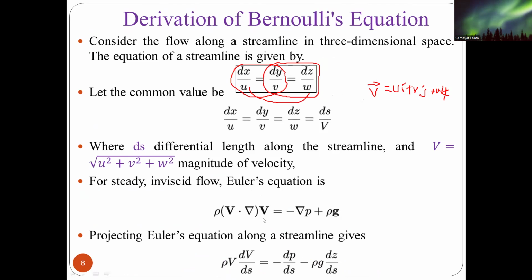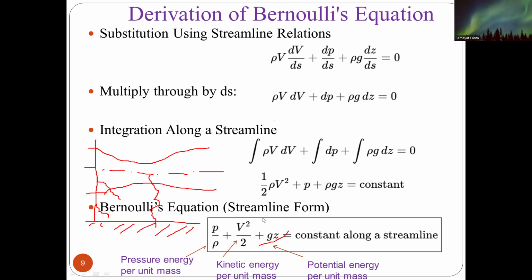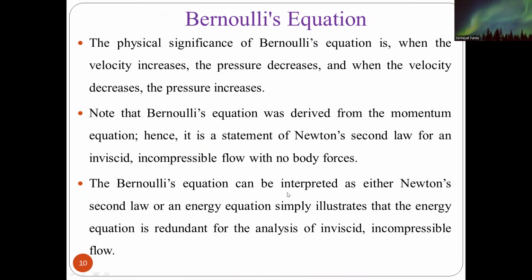Therefore, what is left is p over rho plus V squared over 2, that means pressure and kinetic energy. Half rho V squared is called dynamic pressure, this is static pressure, and this is pressure due to potential. Okay, so that is the meaning.